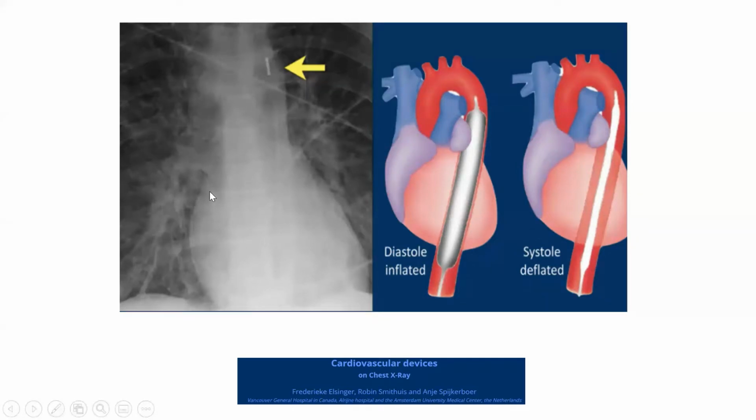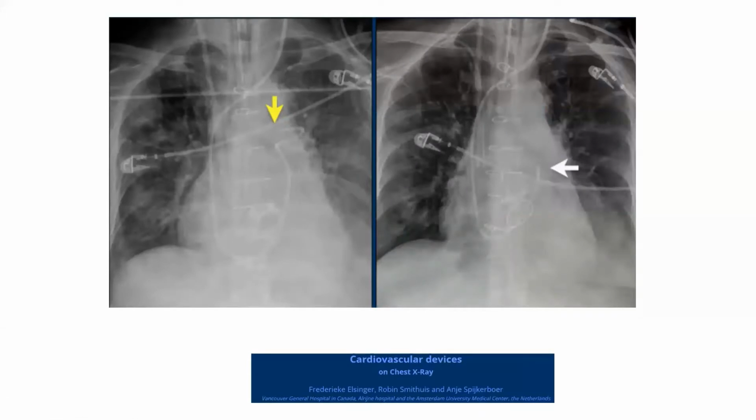Intra-aortic balloon pump. Now, what is this? Pulmonary wedge catheter. Yes, this is a Swan-Ganz catheter. You are right.